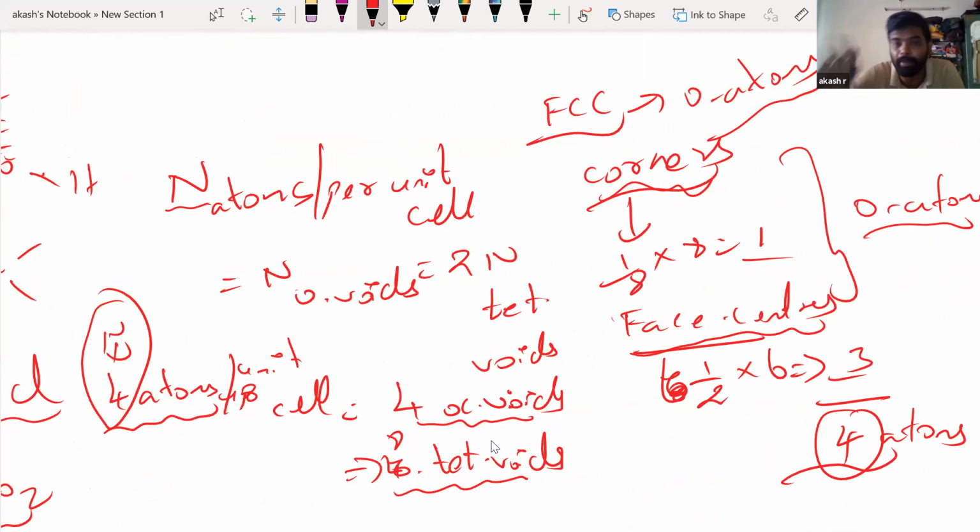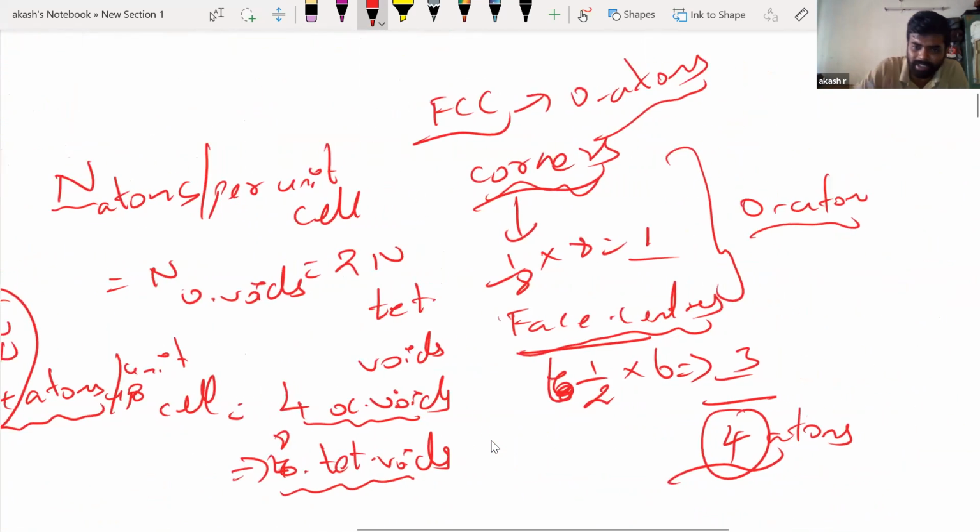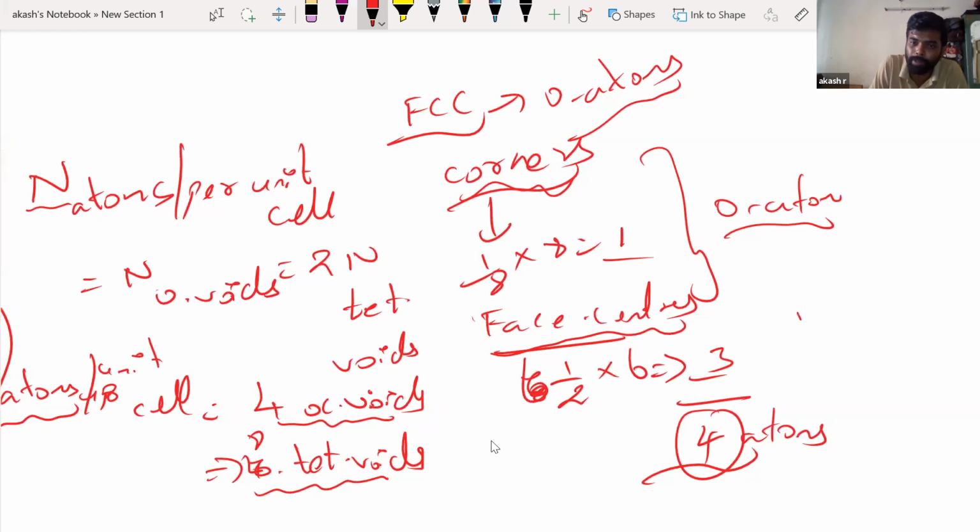Obviously, in the voids, A and B are present. So can I tell from this calculation that there are going to be 4 oxygen atoms? Because I know in an FCC, 4 atoms are there, and the question says oxygen occupies all the lattice points in FCC. So there are going to be 4 atoms of oxygen in this particular unit cell.